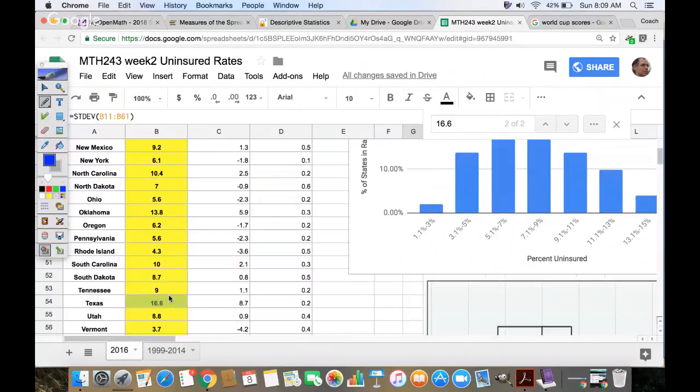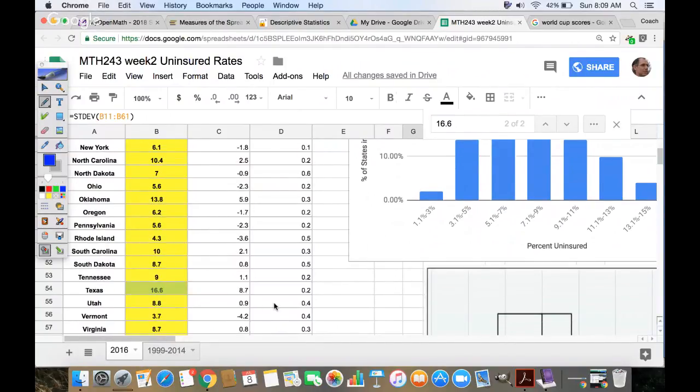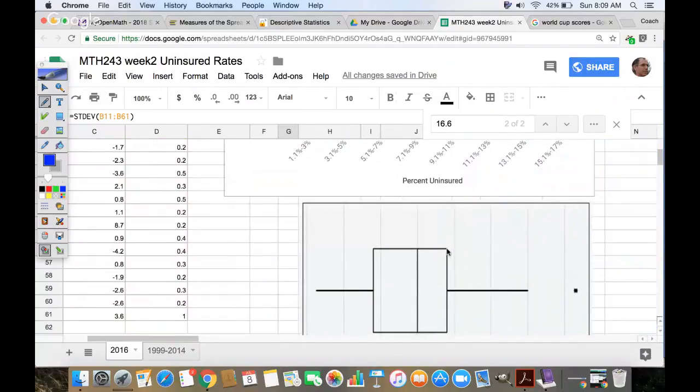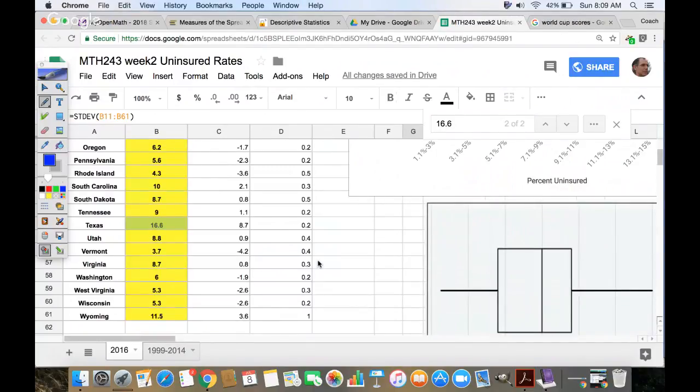So Texas is unusually high in the percent uninsured for 2 reasons. 1, it's more than 2 standard deviations from the mean, and 2, if we look at our box plot, it sits outside of that extended interquartile range. So I have 2 calculations that say Texas is unusually high in its percent uninsured.